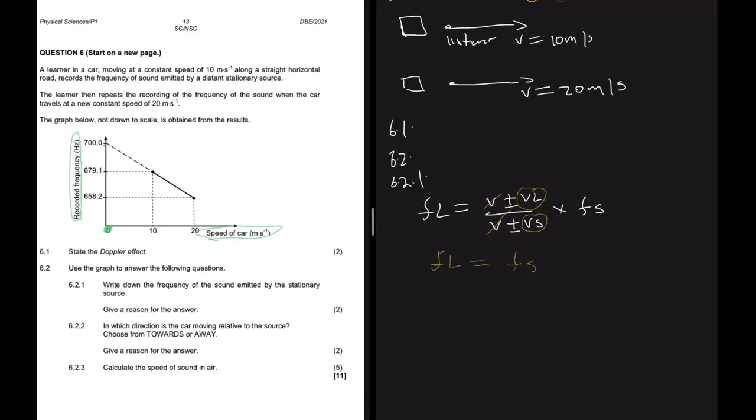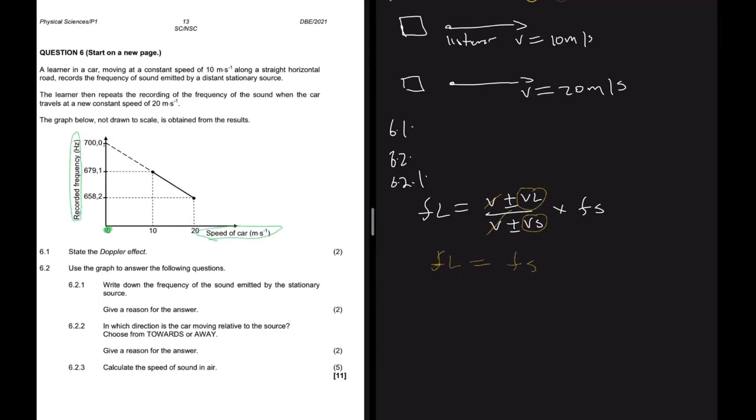As far as we know, the velocity of the sound source is 0, because it's stationary. So we go to the graph and look at a point where the velocity of the listener, or the car, is 0, so that the frequency of the listener can be equal to the frequency of the sound source.